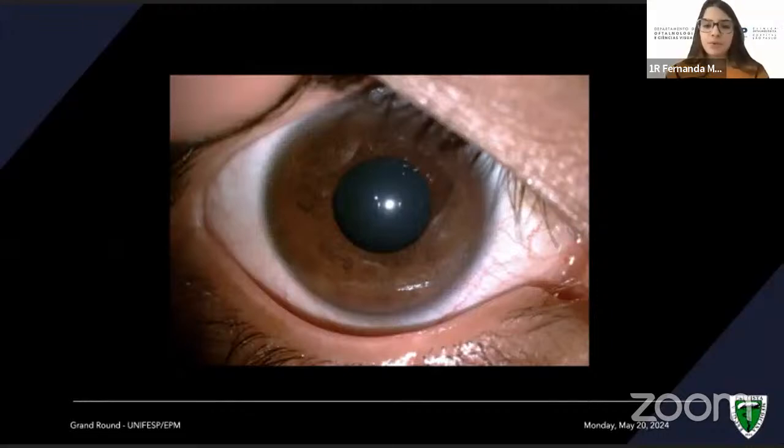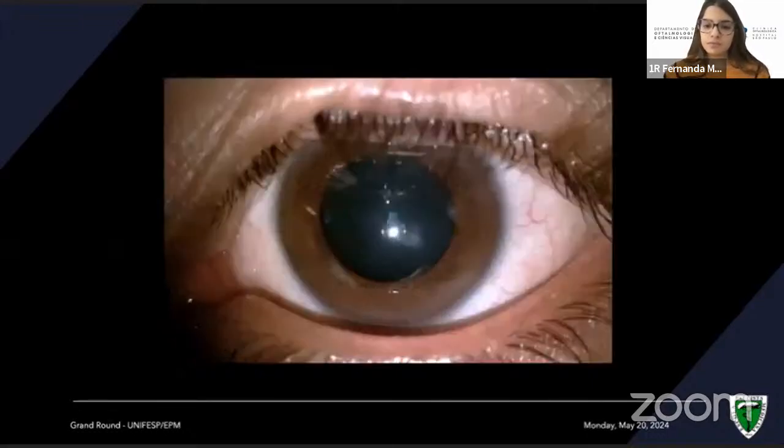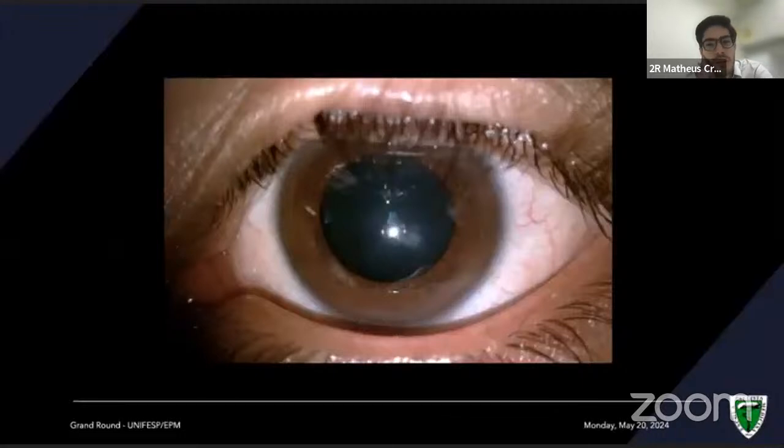On the right eye, we have a clear conjunctiva, clear cornea, deep anterior chamber, trophic iris, and phakic. And here in the left eye it is very similar, but the patient is in pharmacological mydriasis, a normal exam.